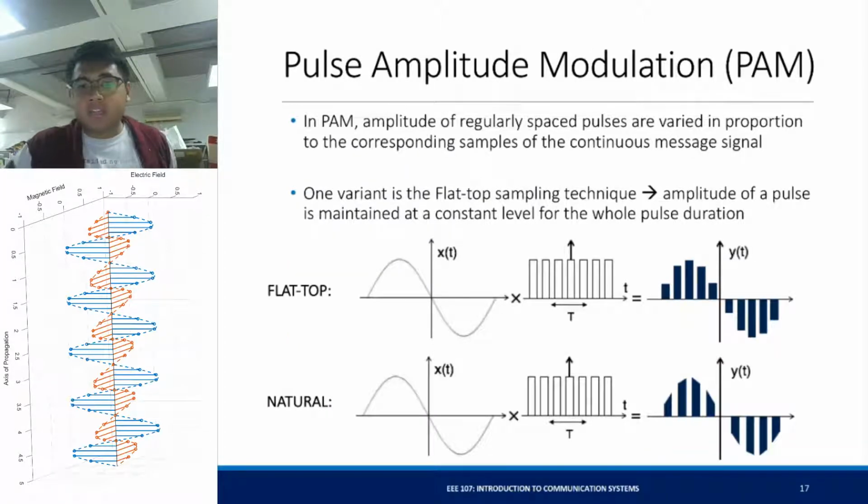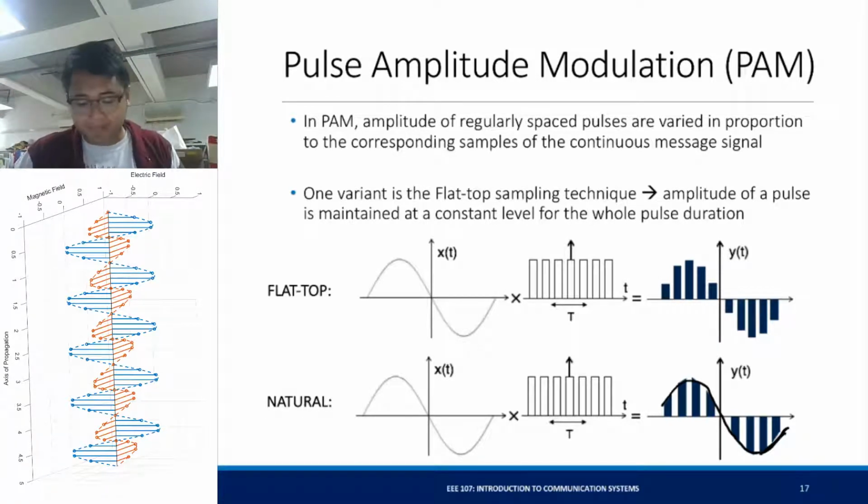A variant of your pulse modulation technique is pulse amplitude modulation. Instead of multiplying your rectangular pulses to your message signal, we're creating some form of envelope in our pulse modulated signal.